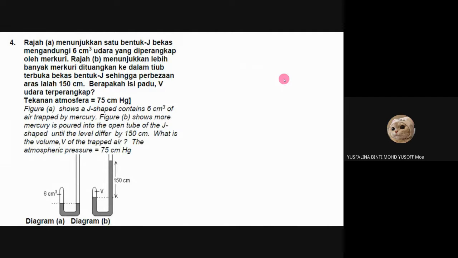Teacher, this one already has the answer in the paper. Oh, really? Maybe I forgot to delete the answer before I printed. Okay, never mind, I'll just explain. So P1 V1 equals P2 V2.